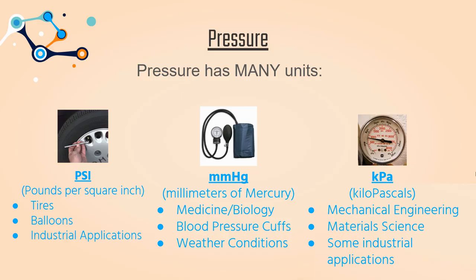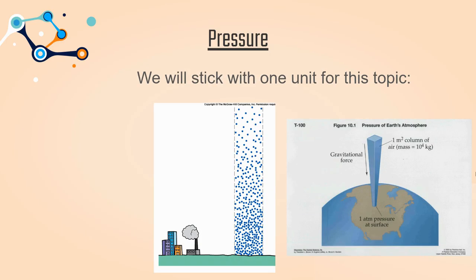However, we are going to deal with one unit of pressure in this unit. We're going to stick with the unit of pressure called atmospheres, abbreviated ATM. This is used in different sciences as well as in weather applications. And basically it's the gas pressure of the air at ground level. We say that at ground level, there is 1 ATM of pressure. You might notice this picture here that shows all of these gas particles stacked on top of one another.